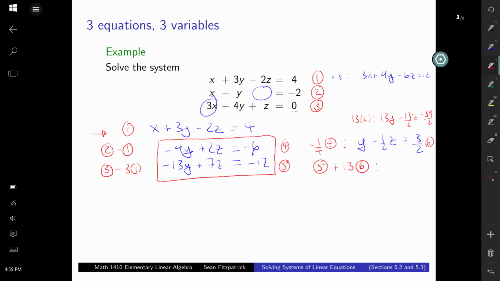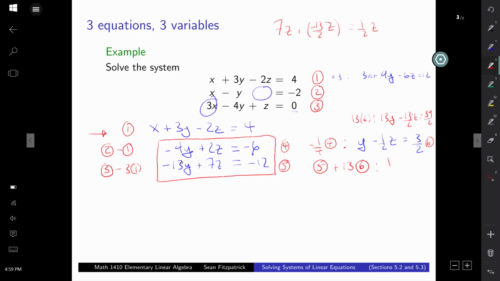Okay, and now if I combine that with 5, what do I get? Well, the y's go away, 13y minus 13y, they're gone. I've got 7z plus minus 13 over 2 z. 7 is 14 over 2, so this gives me 1/2 z.